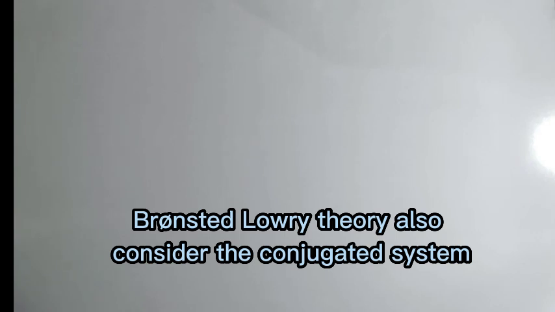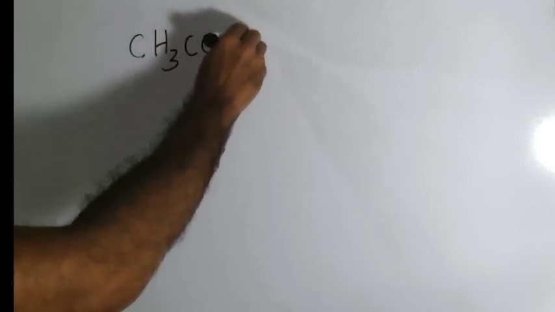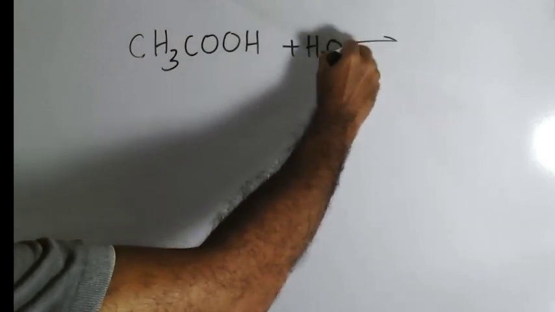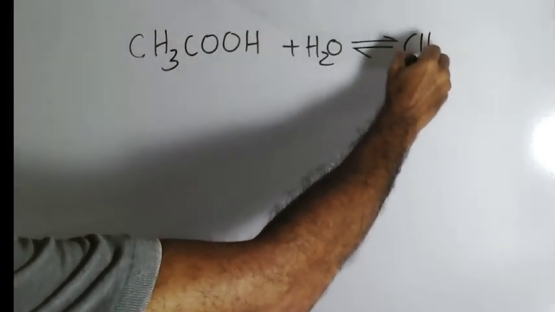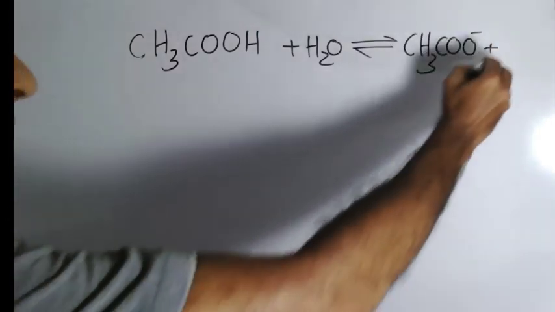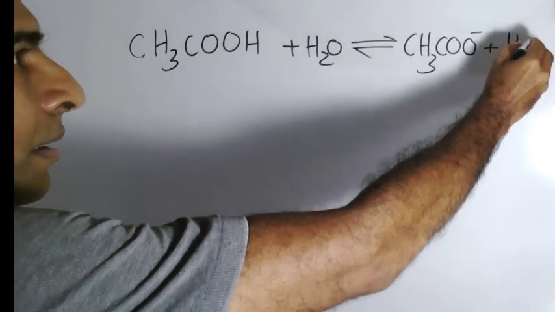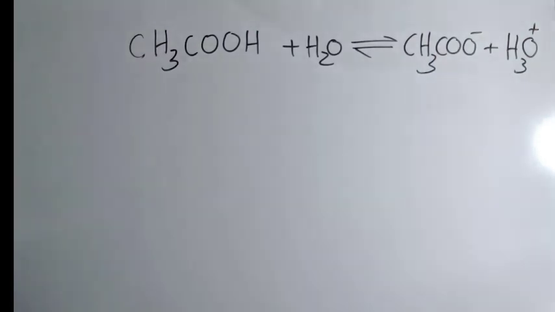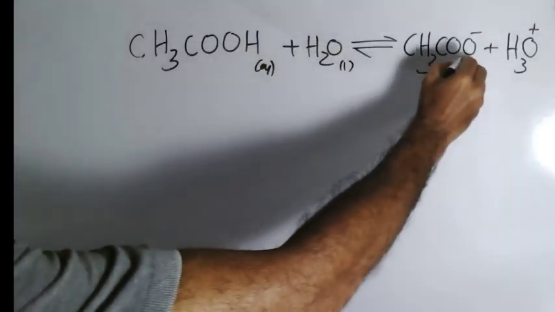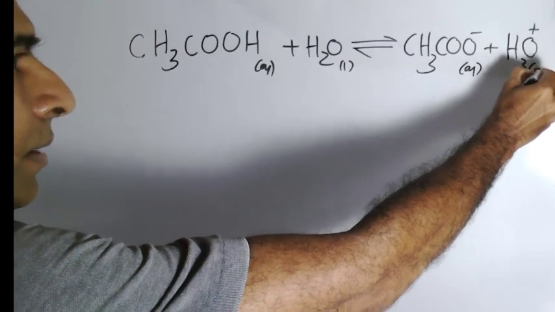Another specific concept in Bronsted-Lowry theory is the conjugate system that can appear in the aqueous system. Let us consider the dissociation of acetic acid in the aqueous medium. It will produce acetate and hydronium ion. Again, this is in aqueous medium.